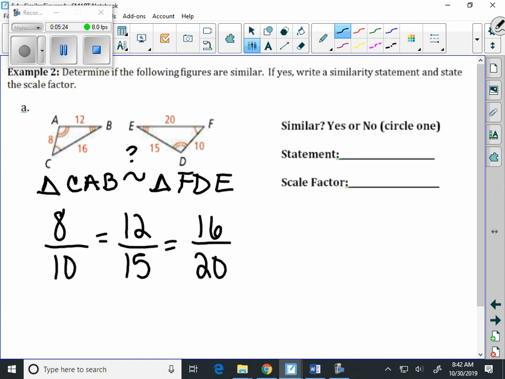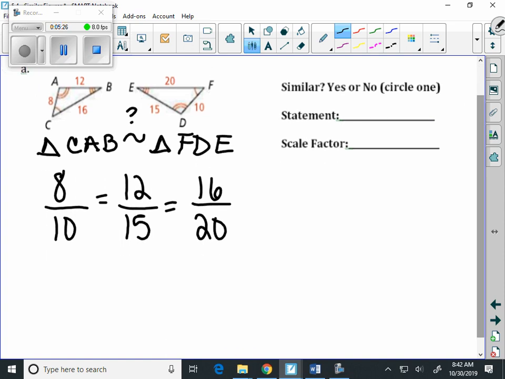Well, if we simplify these fractions, you may want to pull out Desmos or use your fraction button on your calculator. If we simplify 8/10, we get 4/5. If we simplify 12/15, we get 4/5. 12 divided by 3 is 4, 15 divided by 3 is 5.